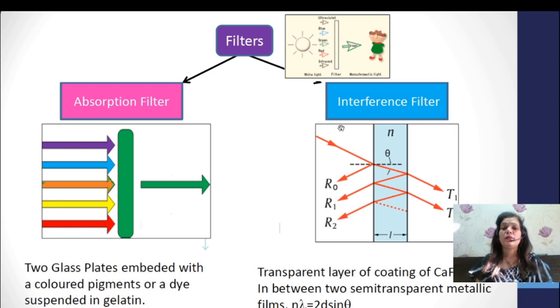By using this interference filter, we can obtain wavelengths of different nanometers. A range of wavelengths is available in the case of a spectrophotometer, where you can change from 400 to 401, 402, a 1 nanometer change we can do. This is possible by utilizing the interference filter.